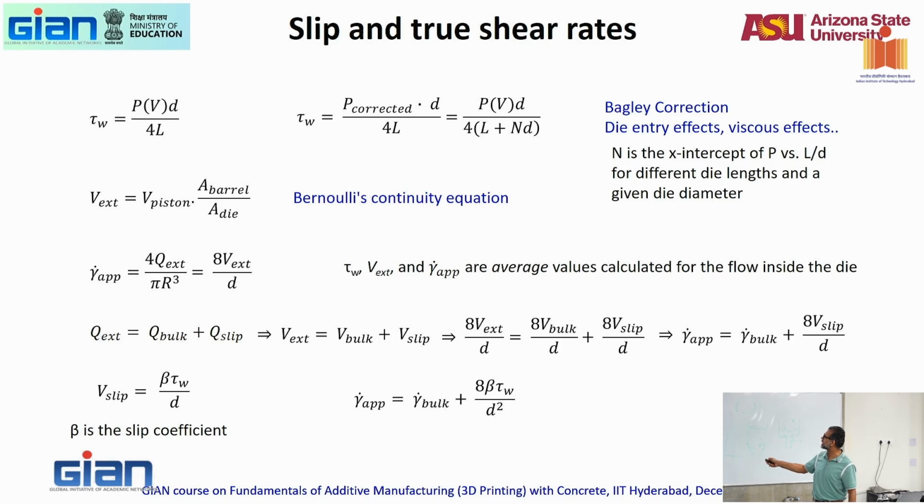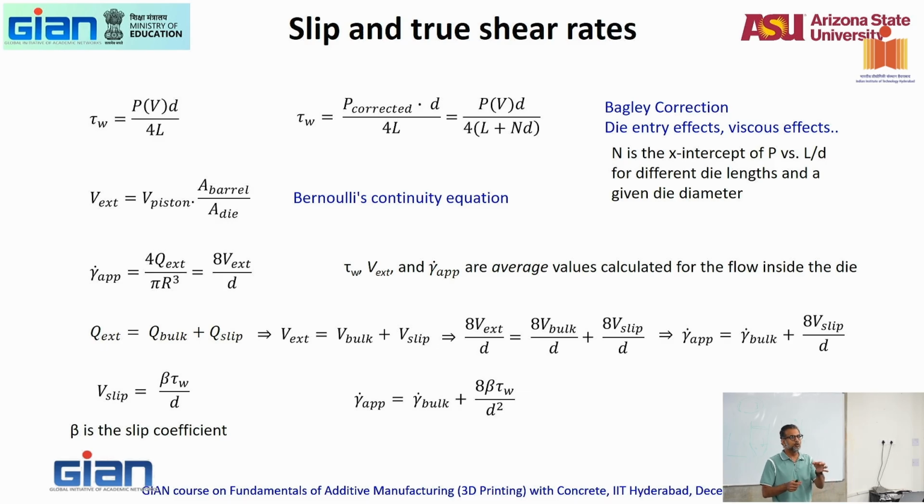There is something called Bagley correction because there is a die entry effect. Things are coming into the die, into the entry, so there are some pressure changes there. There are viscous effects of the material. So you do the Bagley correction, you do L plus ND, where N is the x-intercept of the P versus L over D curve for different die lengths and a given die diameter.